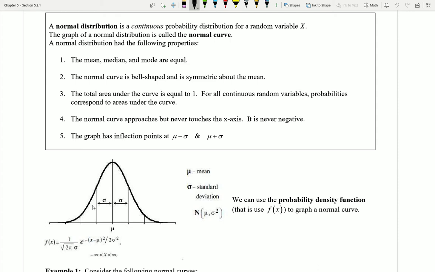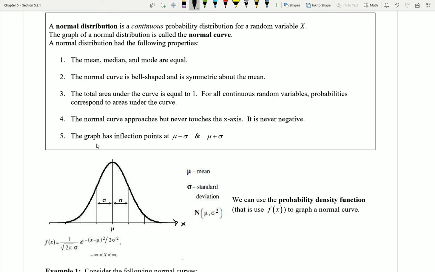So probabilities that we're going to be measuring are going to be represented by areas under a curve. The normal curve also approaches, but never touches, this horizontal x-axis, which is kind of weird, because even though I can shade underneath it forever off to the right side and forever off to the left side, I still only have total area under it of 1.